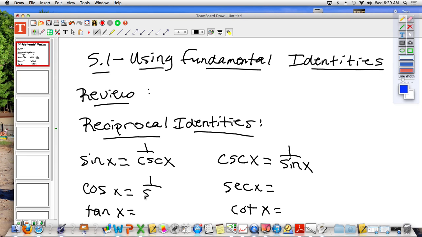Cosine can be written as 1 over the secant. Secant can be written as 1 over the cosine. I think this is all stuff that you guys know already anyway. Tangent is the same thing as 1 over the cotangent, and cotangent is the same thing as 1 over the tan.